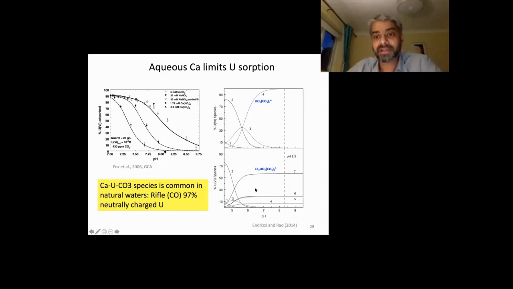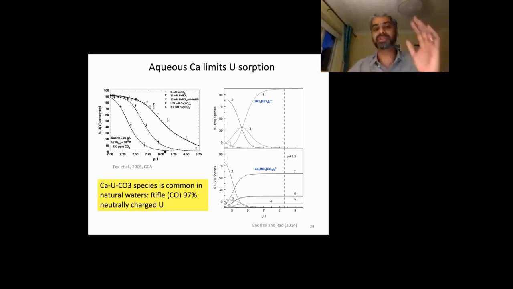And if you have a lot of calcium, the dominant uranium complex is calcium uranyl carbonato species, which is basically chargeless. And this is a very common species that we find, for example, Rifle groundwater is composed of 97% of this neutrally charged uranium. So 97% of all uranium is neutrally charged in Rifle groundwater.